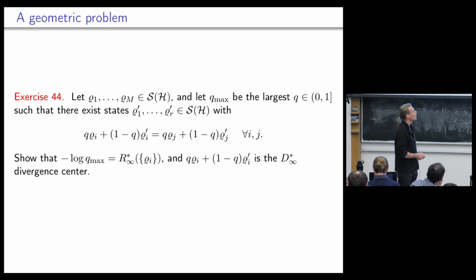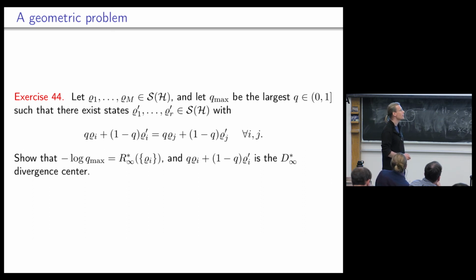Okay. And what you want is to find this largest q, this largest convex weight. And it turns out that minus logarithm of this largest weight is again nothing else but the infinity radius of this set of states. And this average state, which is the same for every index, is nothing else but the d infinity center, or divergence center, sorry.